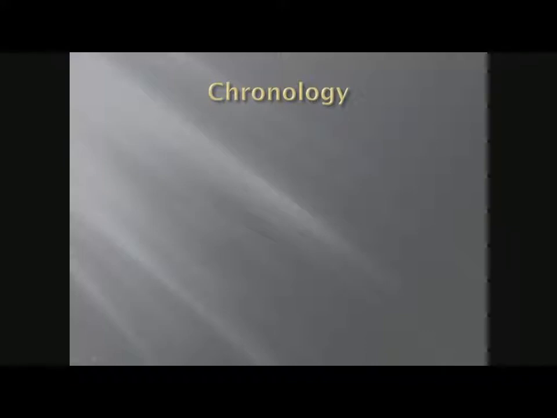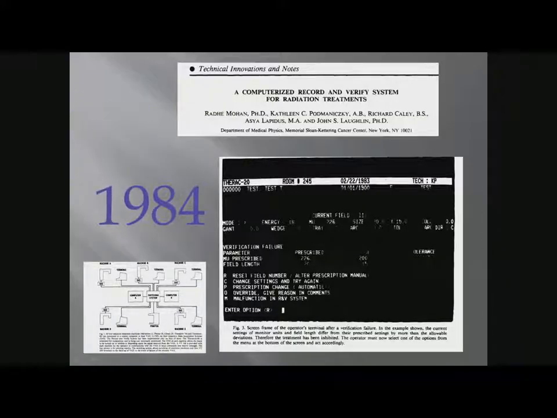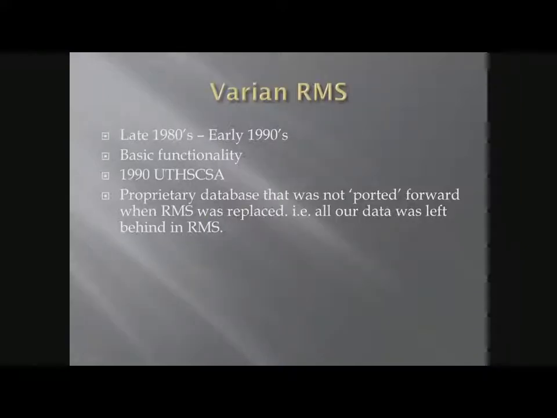So my brief chronology: I found this paper from Radhe Mohan at Memorial Sloan Kettering and saw that the record and verify terminology was starting to be used, and this in-house version was being published on in the early 80s. In the late 80s to early 90s, Varian had a product called RMS and had some basic functionality.